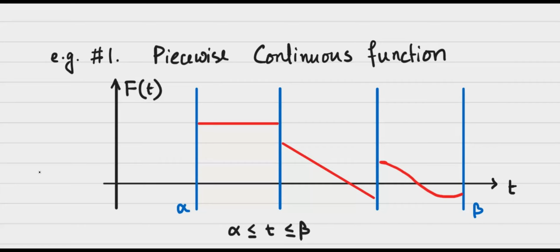This function f of t is piecewise continuous if the interval from alpha to beta can be subdivided into a finite number of subintervals. So for example, let me call this value t1 and this value t2.